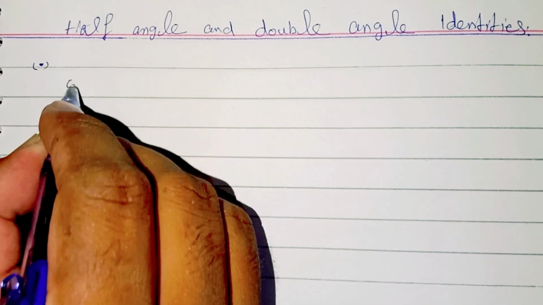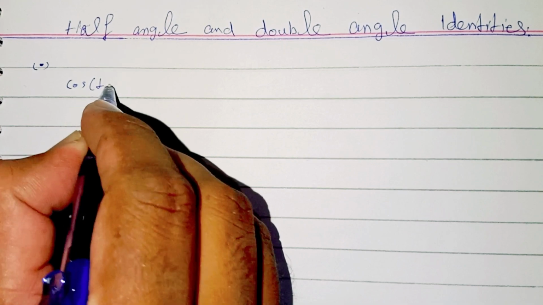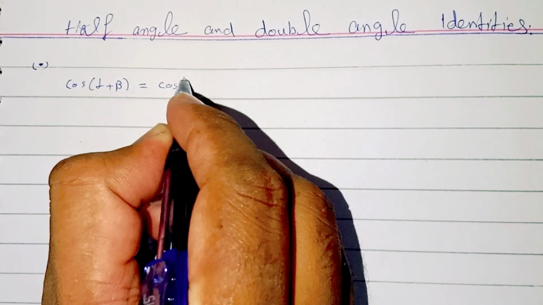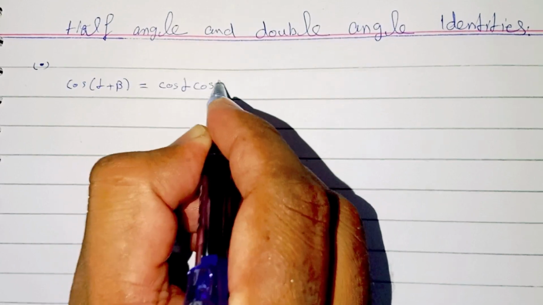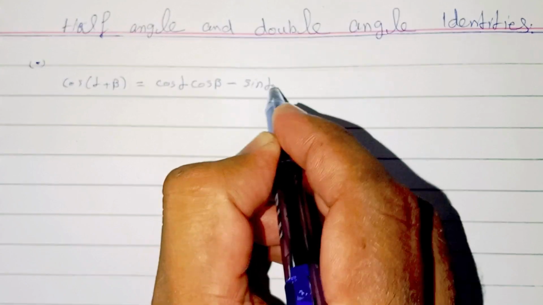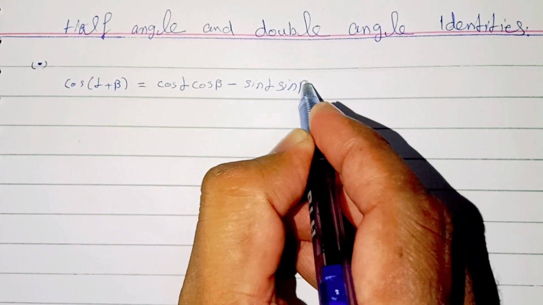Since we know that cos of alpha plus beta is equal to cos alpha cos beta minus sin alpha sin beta.